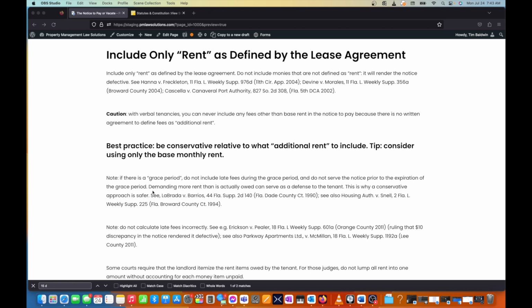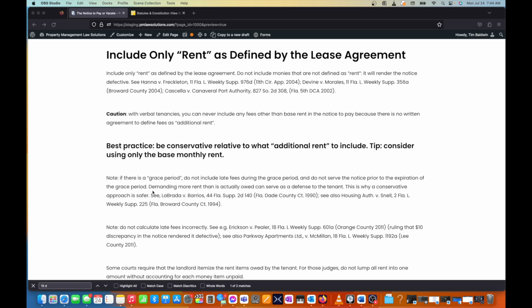So if there are fees or charges that the tenant has accrued for whatever reason, we have to ensure that those fees and charges are in fact defined as additional rent. In our lease agreement, we have provisions that state that basically all fees or charges are owed as additional rent. So our lease covers basically any charge that the tenant owes, and we can demand that as rent in that notice.